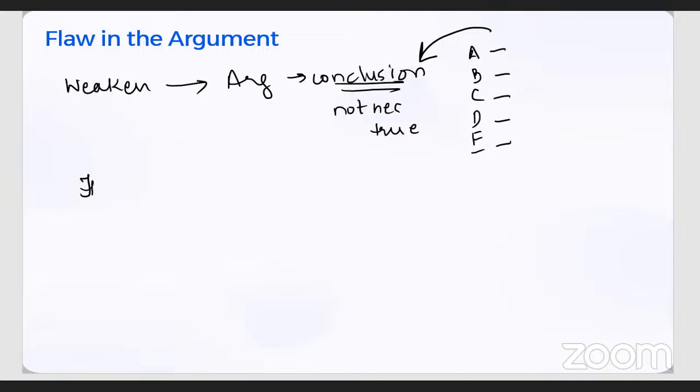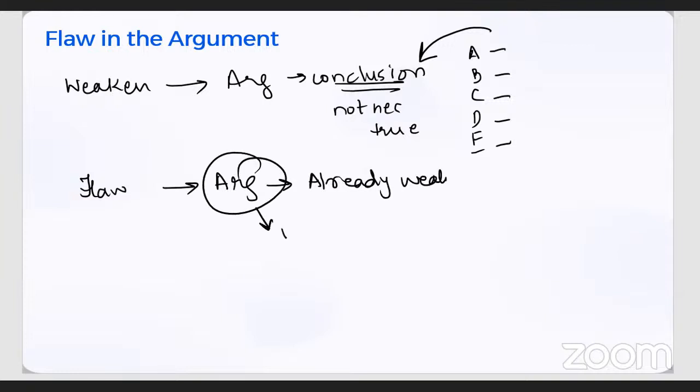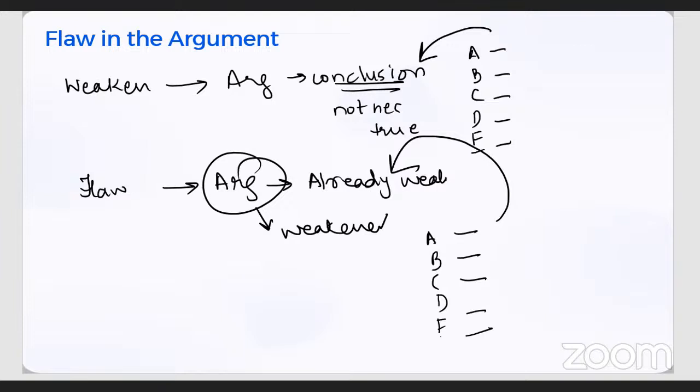But in a flaw in the argument question, the argument that is given to you is already weak. Okay? This argument already has a weakener. There is a problem that is weakening the conclusion. We have to look at the options presented and see which one of these options has made this argument already weak. That's the difference.